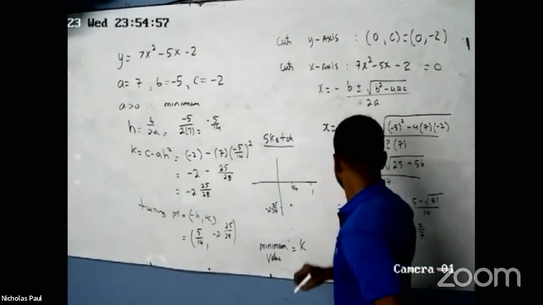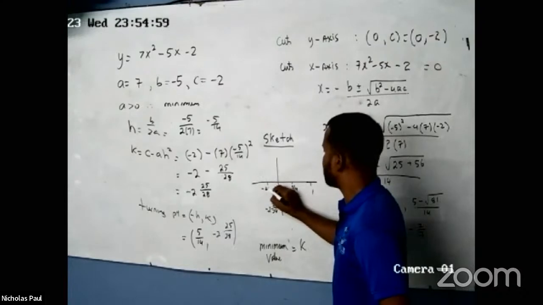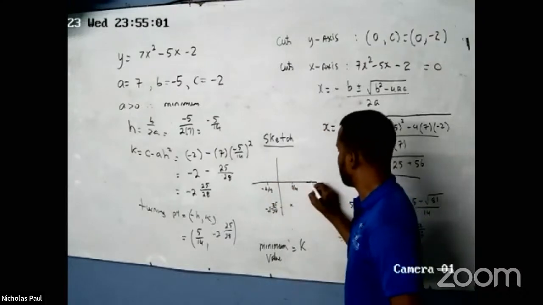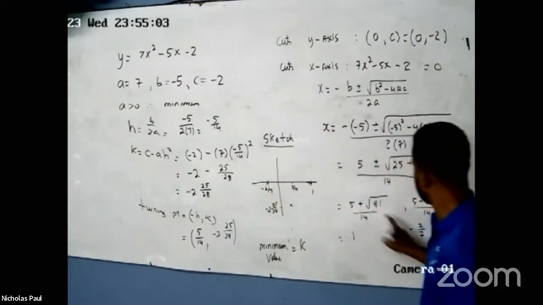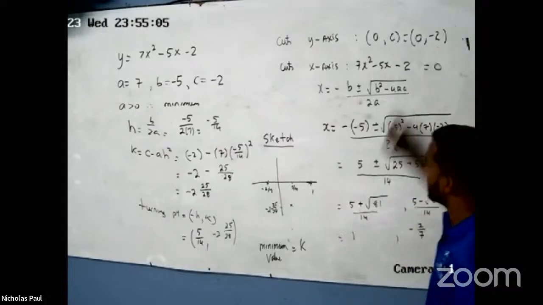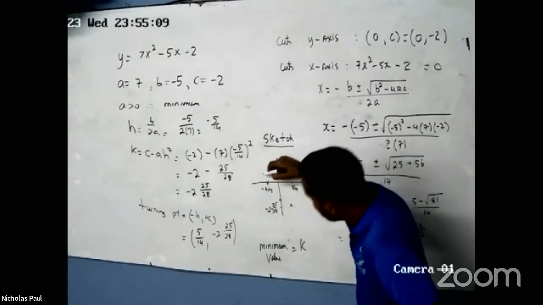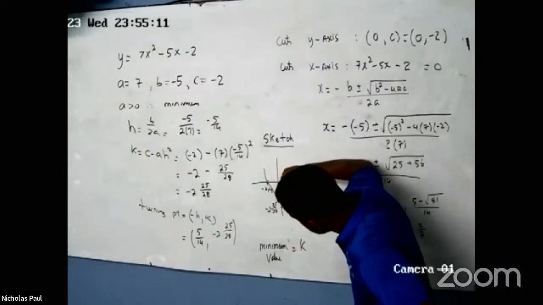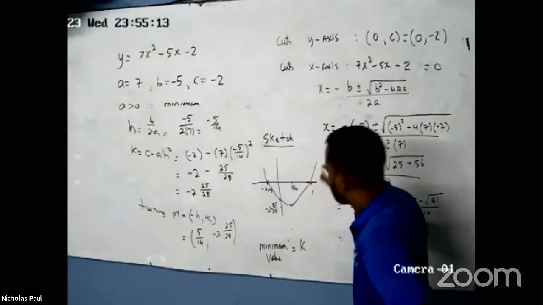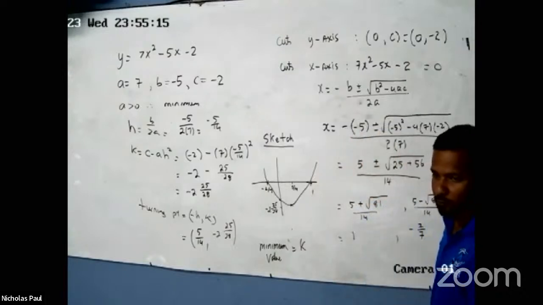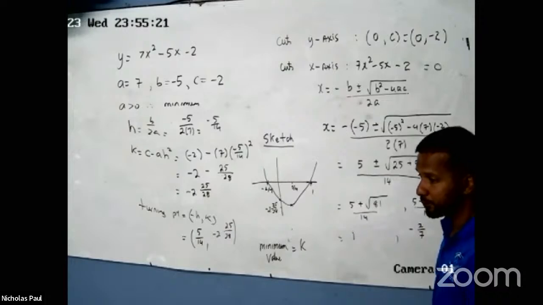So 1 is here. Minus 2 sevenths is here. So that's 2 points. Cut the y-axis at minus 2. Minus 2 is about here. Then connect it up. Same shape.